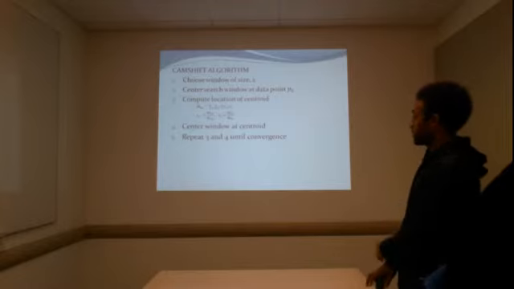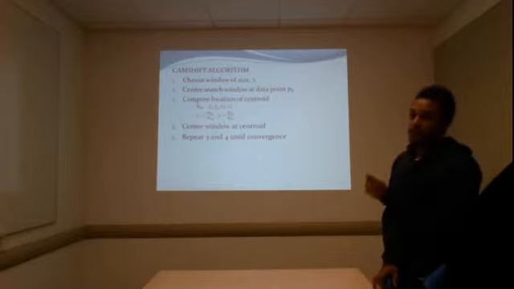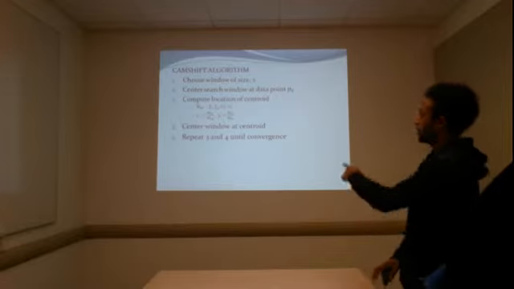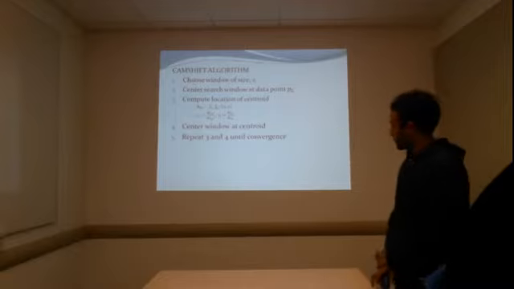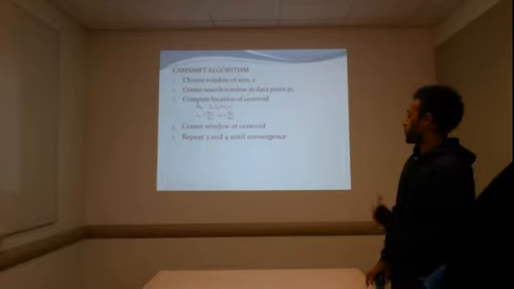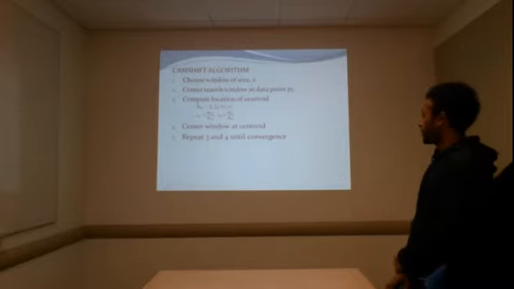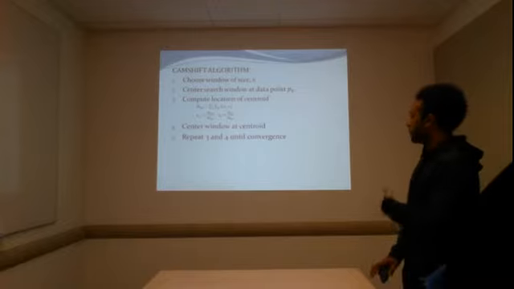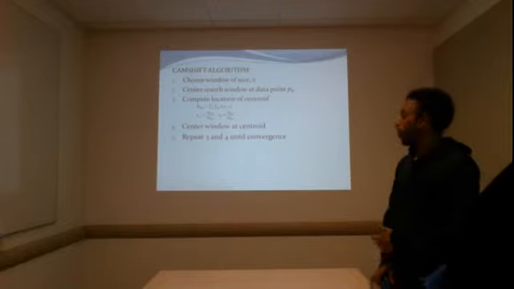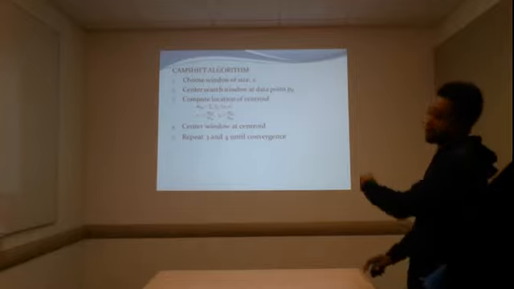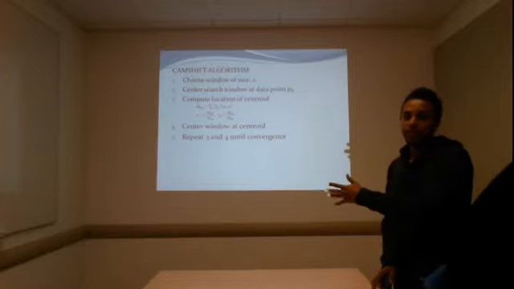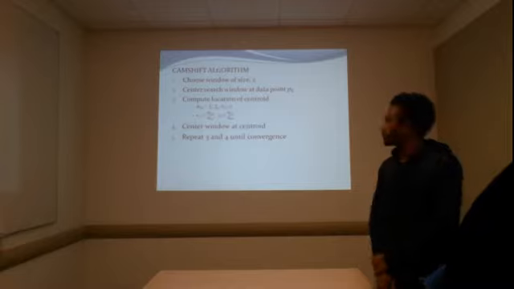From that calculation, we would get the basically exact location of the centroid of that window given by x sub c and y sub c. The fourth step, once we have the location of the centroid, we would center the window at the centroid, and we keep repeating steps 3 and 4 until there is convergence. That is when some function of pk is approximately equal to 0.